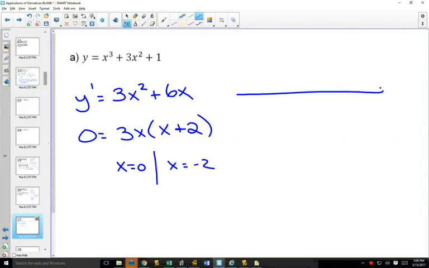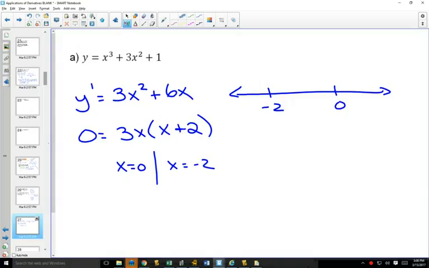If I draw my number line, negative 2 and 0 on there, again, this is where we're going to use our factored form of our equation to help us figure things out easier. For example, I'm going to choose something in this first section less than negative 2. Like negative 5.